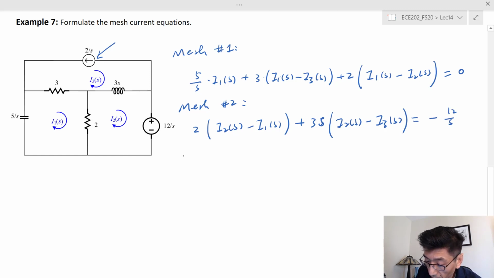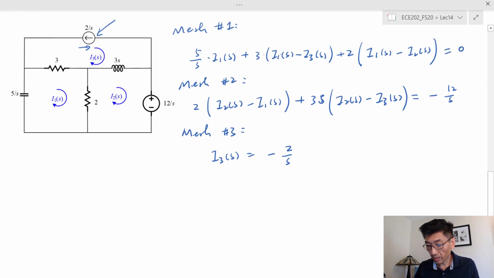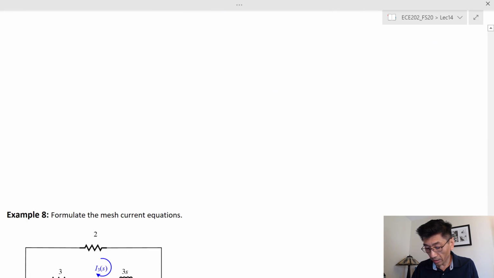For mesh number 3, in this case we don't really have any KVL equation to write, and instead we're going to use the element constraint and the element current and node current relationship, so that in this case I3 is going to be equal to negative 2 over s, because this one is going in this direction, the I3, right? So the current for the source is going in the opposite direction, therefore we have a negative sign here.